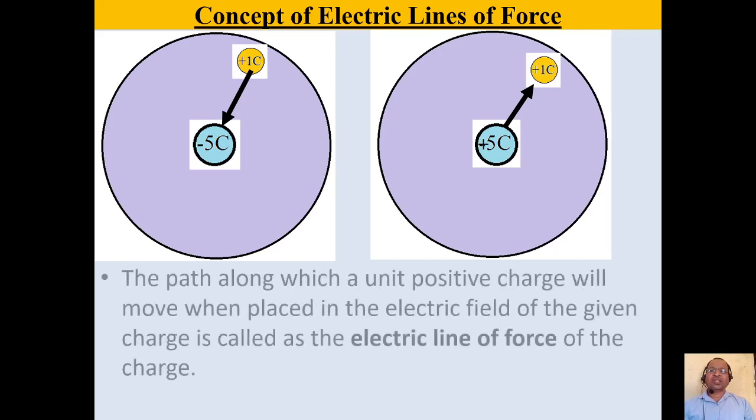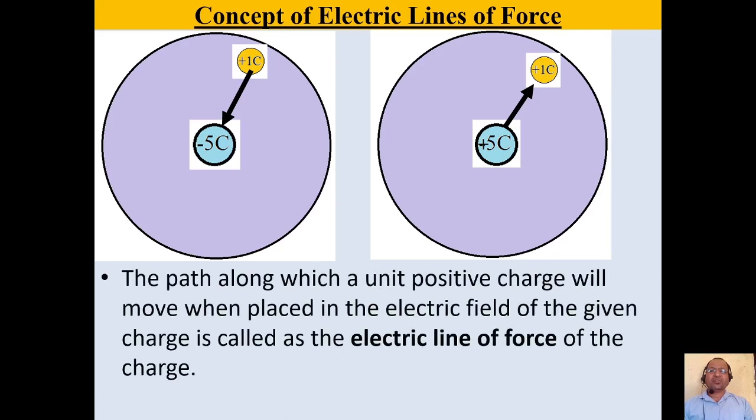So we define electric lines of force as the path along which a unit positive charge will move when placed in the electric field of the given charge. The direction of these electric lines of force, for a negative charge is towards the charge, and for a positive charge is away from the charge, as shown in the figure here.